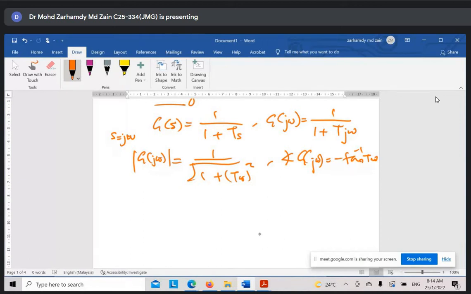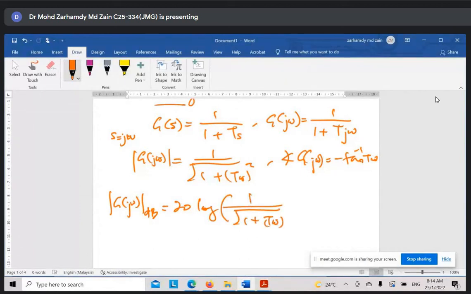Still this formula, still this procedure, but we add dB, decibel. So we have 20 log of our system.